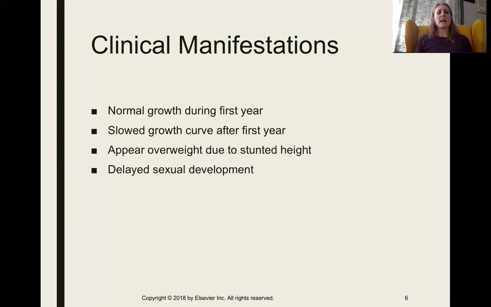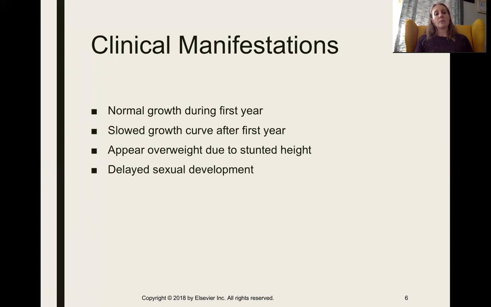We're going to see these little guys and girls being in less than the third percentile. How we tell the difference between growth hormone deficiency and failure to thrive is that children with growth hormone deficiency are going to be stunted in height, but they're going to grow in girth. So they may appear overweight because everything else is still growing, but they are not growing up. They're not elongating. And so we're going to want to pay close attention to that.